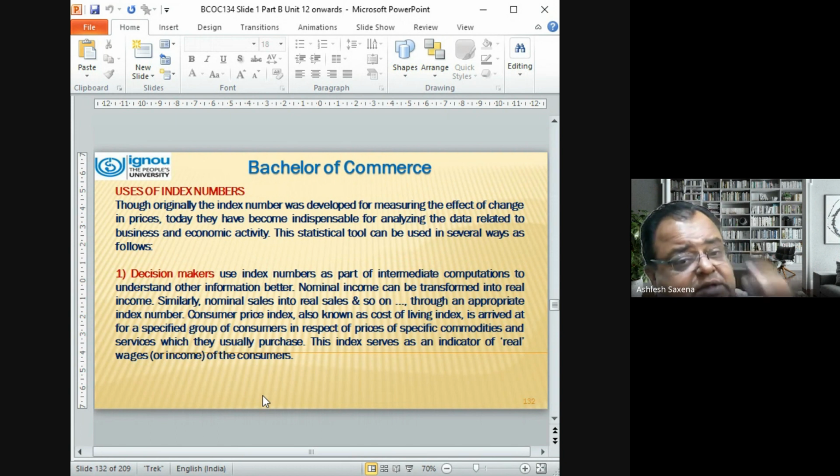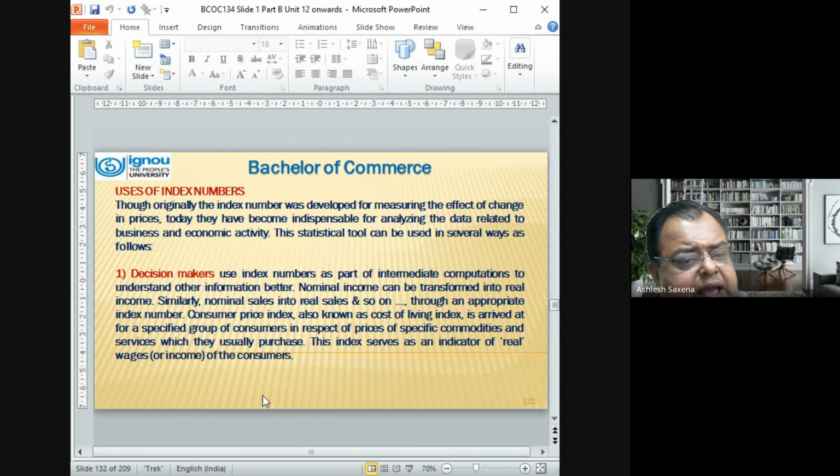This statistical tool can be used in several ways. Decision makers use index numbers as a part of intermediate computation to understand other information better. Nominal income can be transformed into real income, similarly nominal sales into real sales and so on.